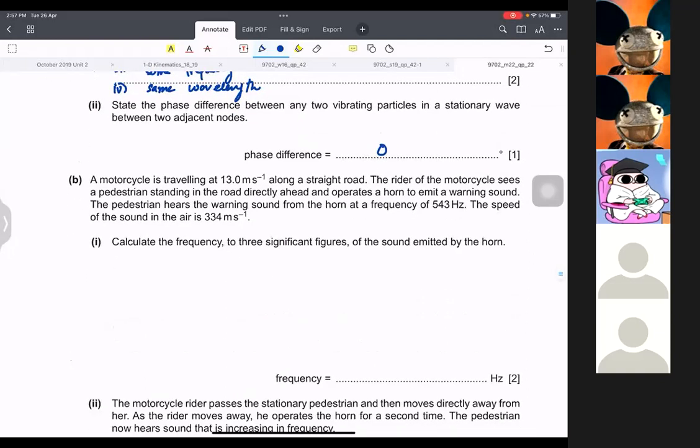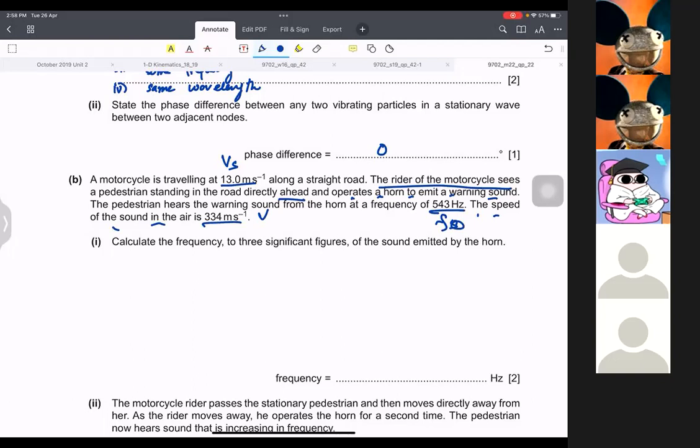Now a motorcycle is traveling along a road. What a question this is. What an easy one. See the pedestrian standing, right. So this is VS, FS, F naught, V. Calculate the frequency.